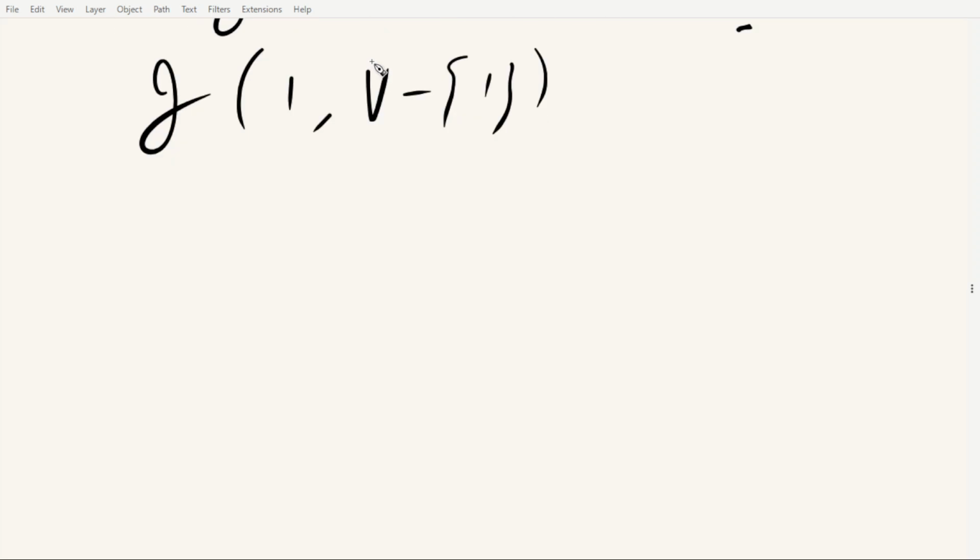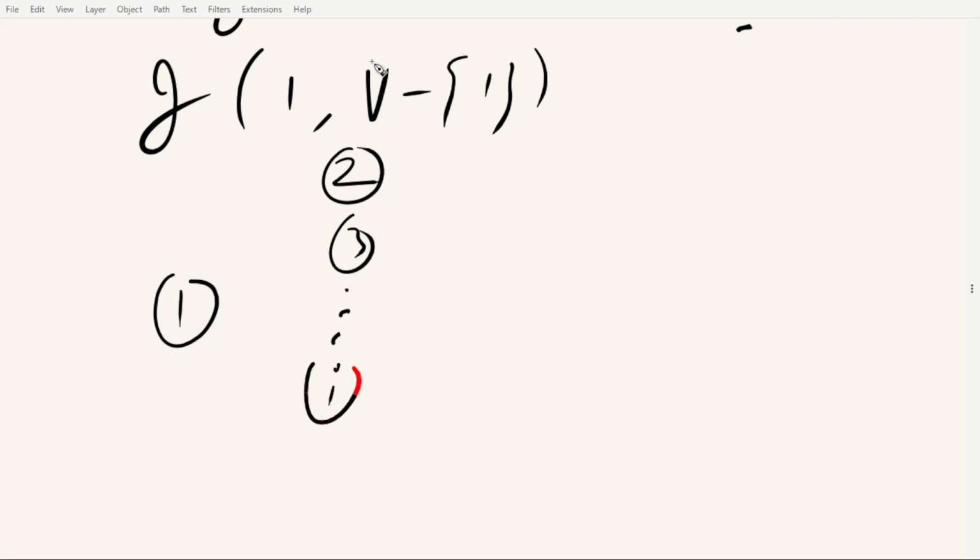Now we can see our traveler starts at city 1. What is the next step? We can have n minus 1 possibilities. For the next step, the traveler can choose city 2, 3 and so on, in general city i, up to city n. These are n minus 1 possibilities.